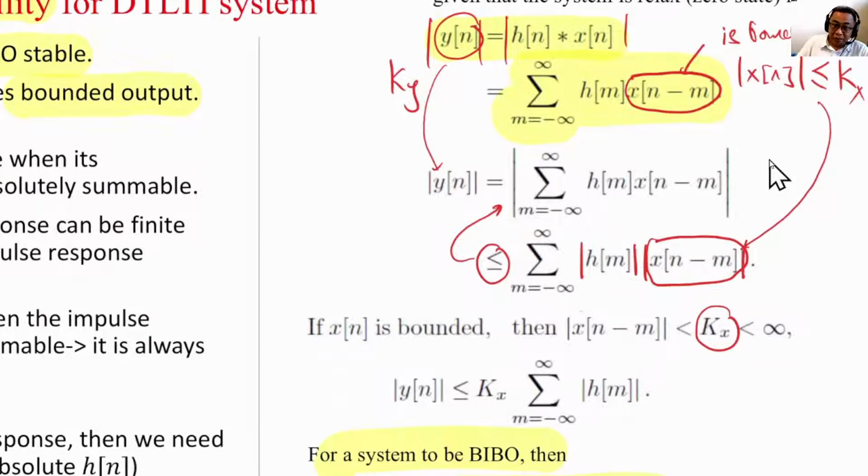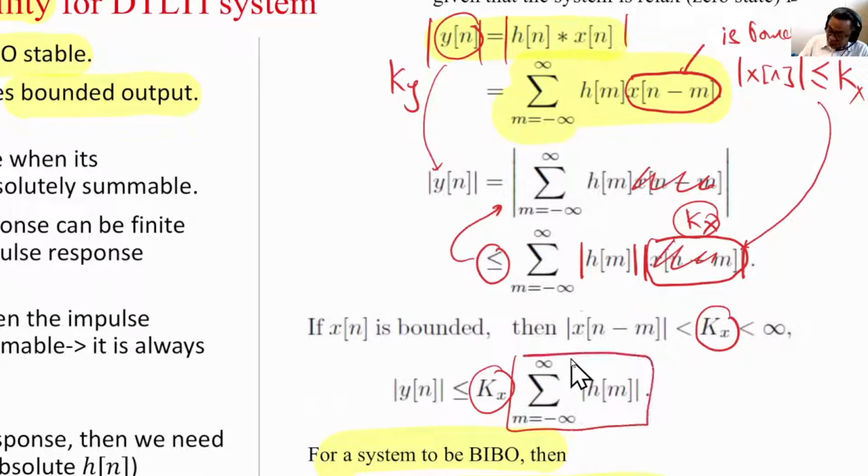in the sequence x. When we substitute this as kx, we realize that the only thing affecting the output is the absolute value of h of m. So we move the kx outside, and we are now left with the output being only affected by the impulse response, or I should say whether the impulse response is absolutely summable.